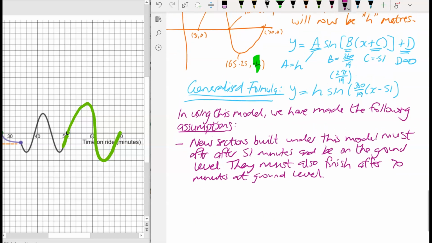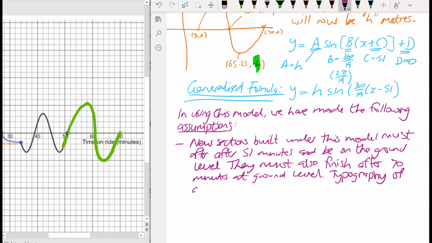And where that assumption is relevant, if you think about the ground, it obviously works if your ground is flat, but what happens if you're building an amusement park on a slight hill? You'd want to start here and finish here, and those have different heights. So the topography of the ground may not be appropriate. Topography just means how the land is set up.